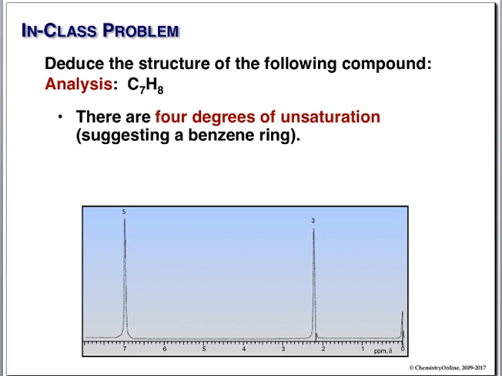Now let's look at our spectrum. Down here at about 7 parts per million, we've got what appears to be a singlet worth 5 hydrogens. This is our benzene region, isn't it? This strongly suggests we have a monosubstituted benzene.